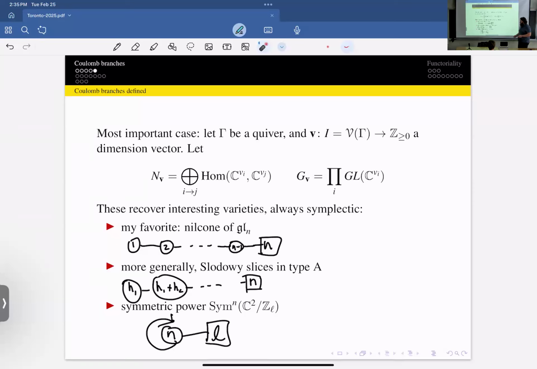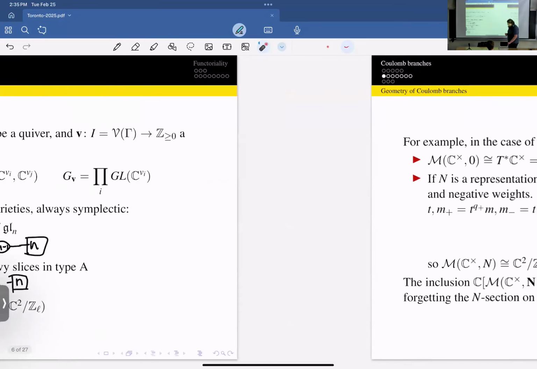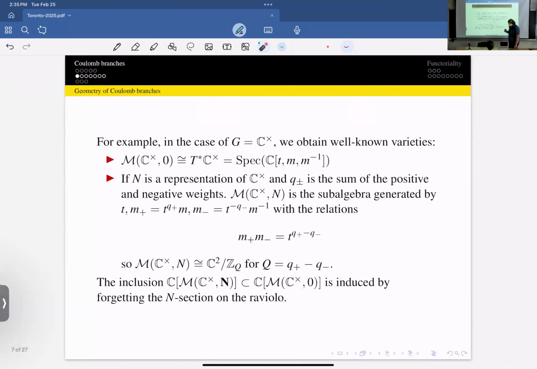And you can have situations, right? For example, if you put in the group and the trivial representation, the quotient is something very bad and kind of stacky, right? Whereas the Coulomb branch is a nice, smooth, positive dimensional thing. So it's a sort of strange story. So it's the universal centralizer. I'll get to that eventually.